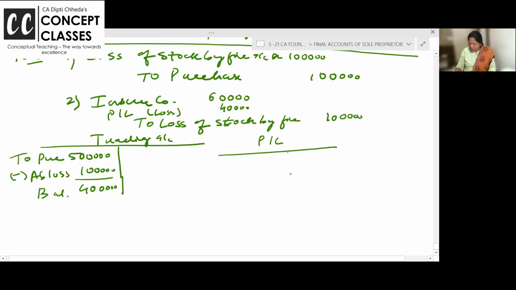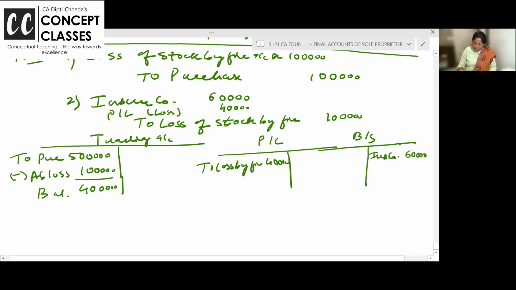In P&L account debit side, loss by fire, you will put 40,000 because 60,000 you are going to recover, no? So in balance sheet, write down on the asset side, insurance company 60,000.